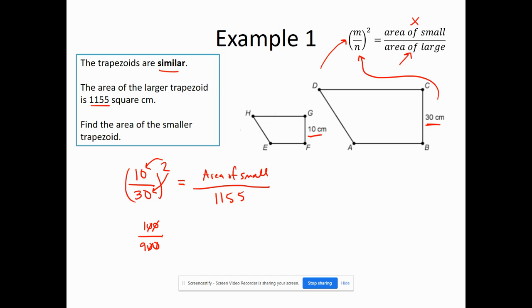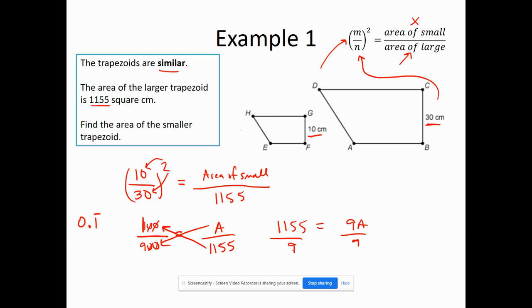Now if you did this on a calculator, you might get some weird decimals, like this would be 0.11111. And then this would be equal to, let's just say, a over 1155. So now if I have this fraction, I can cross multiply: 1155 times 1 equals a times 9, and then I just divide by 9.